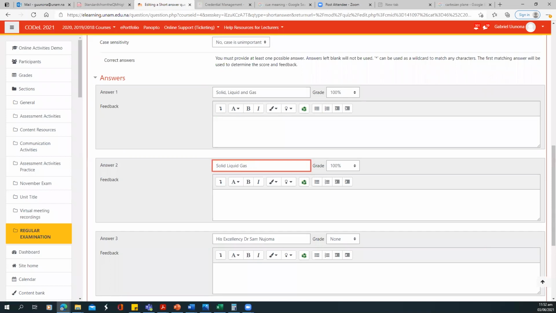Yes, 100% can be said. In terms of competence attainment, they know the three states of matter. But if you don't put it this way, they will be marked wrong. What if I start with liquid?